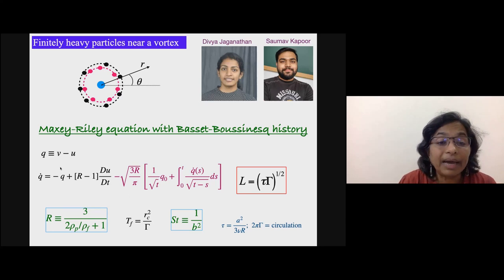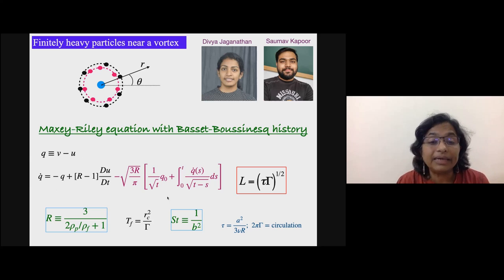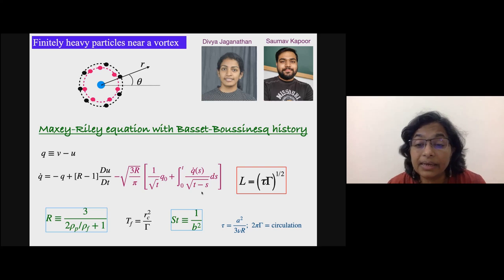So now the Maxey-Riley equations for such particles are a little more complicated. Q is the relative velocity V minus U. We can write the Maxey-Riley equation in this form, and you see that there is this horrible history term with square roots of time in the denominator, and to compute this integral every time is hugely computationally heavy.